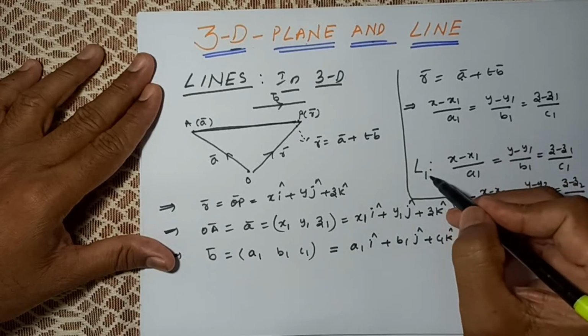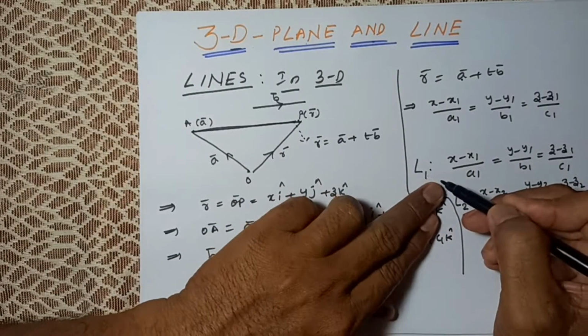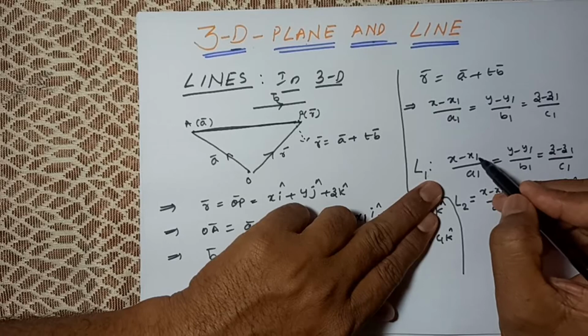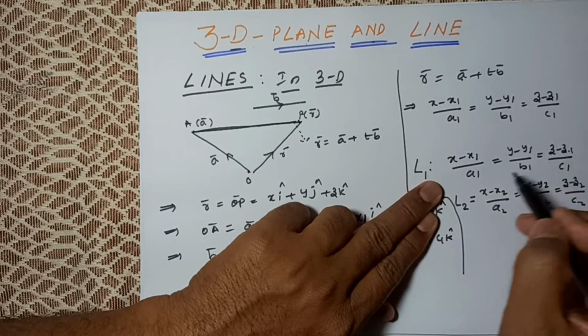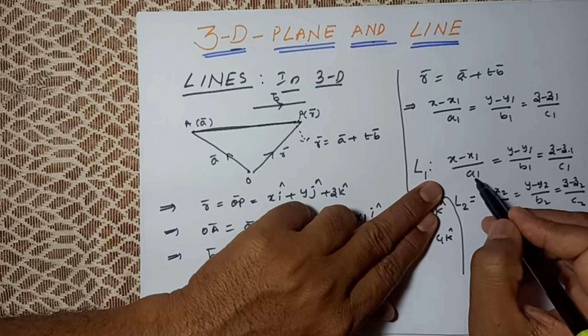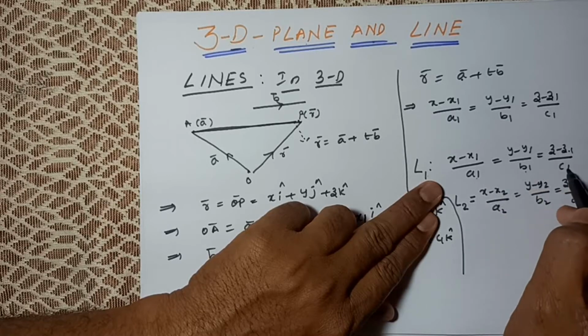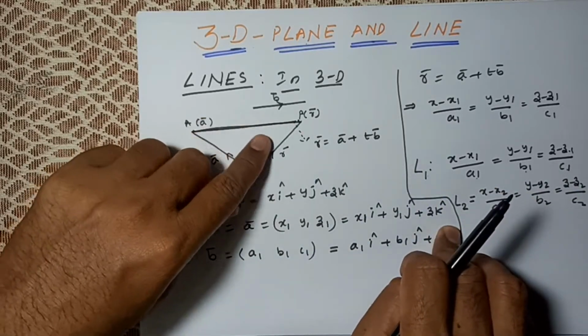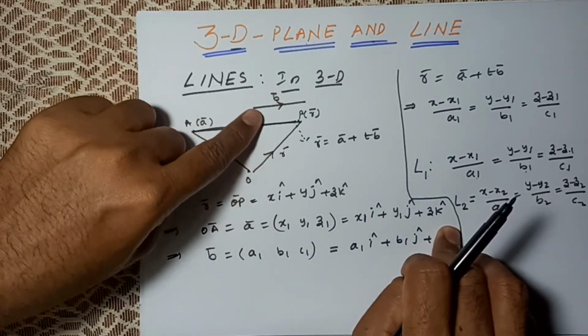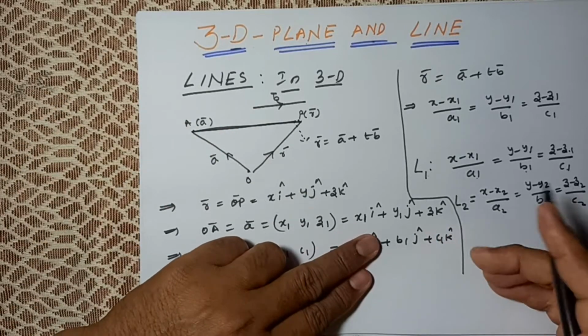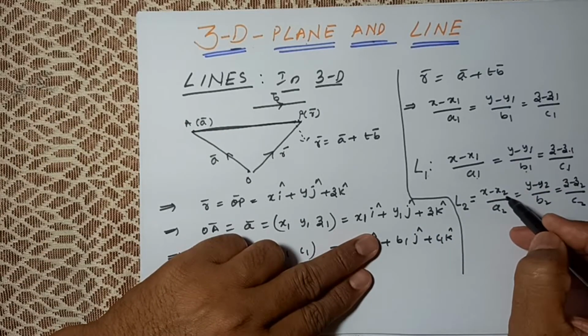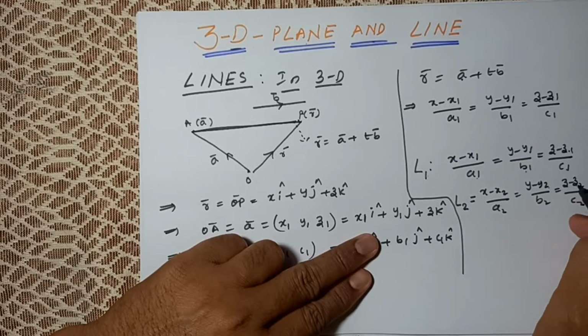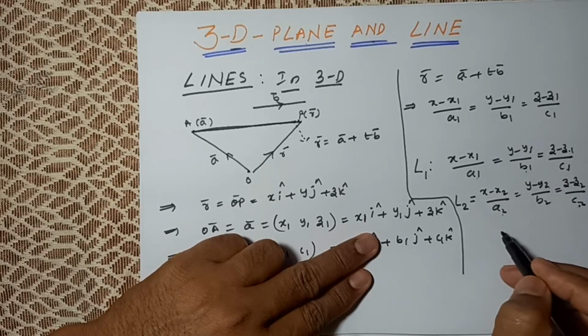So this L1 is passing through the point x1 y1 z1, and the line DRs will be a1 b1 c1. Here line DRs means it is parallel to this given line. Okay. And this L2 is passing through the point x2 y2 z2, and the DRs will be a2 b2 c2.